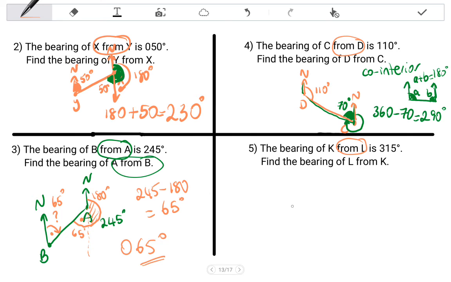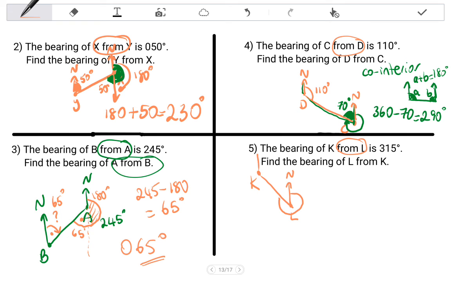I am going to plot L and indicate north on top of L. And 315 is the bearing of K from L. I will start to turn in the clockwise direction from the north of L. 315 is a big angle, bigger than 180, bigger than 270. It's somewhere here. So in this direction I will have the position of K.